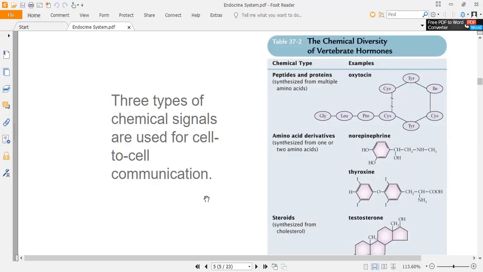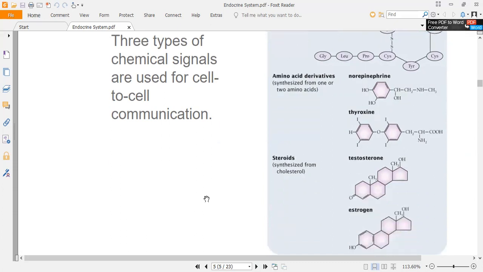Steroids are synthesized from cholesterol. Examples of steroids are testosterone, estrogen, etc. Those are known as steroid hormones. All of these, steroid hormones and amino acid derivatives, are going to be looked at in detail in the endocrine system. So this PowerPoint is more like an appetizer for a heavy meal, so that you just get interested in learning about the endocrine system.